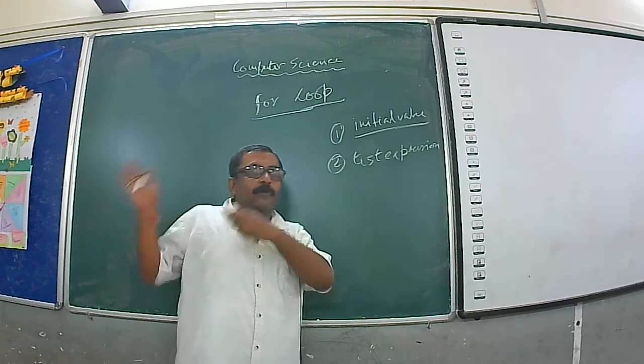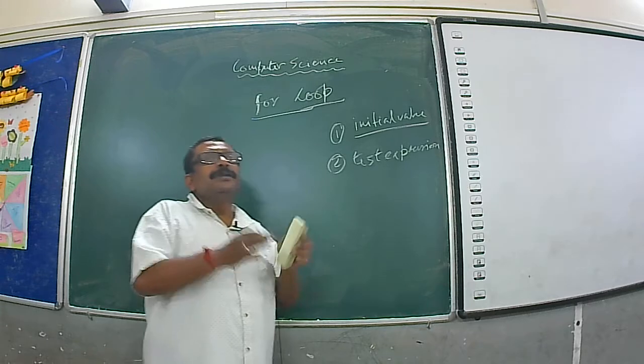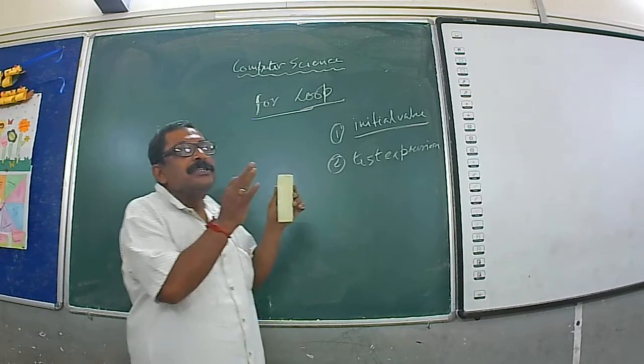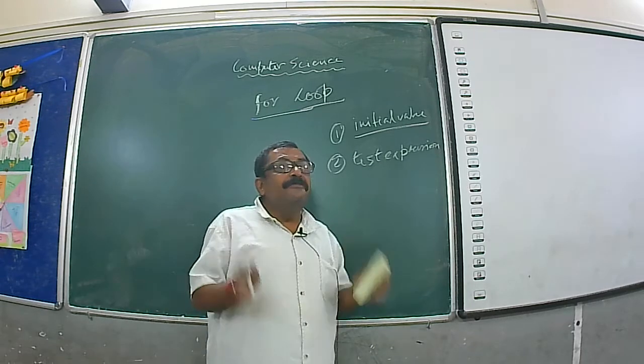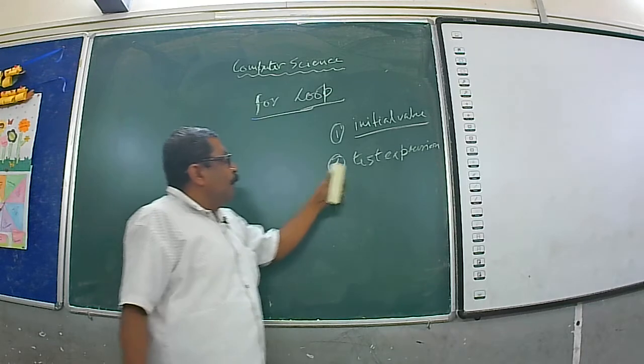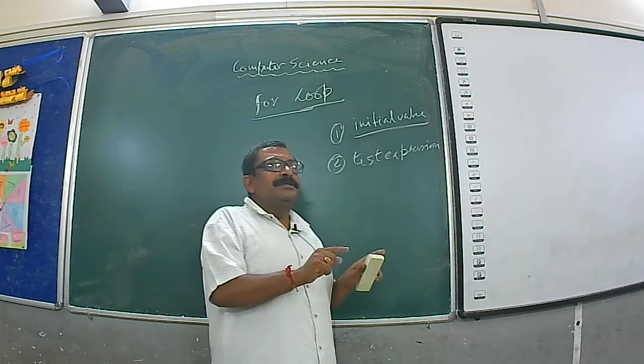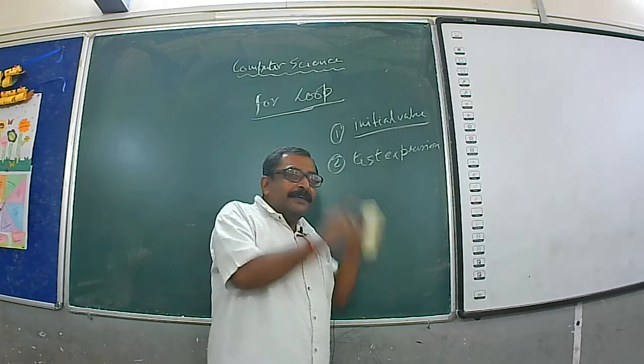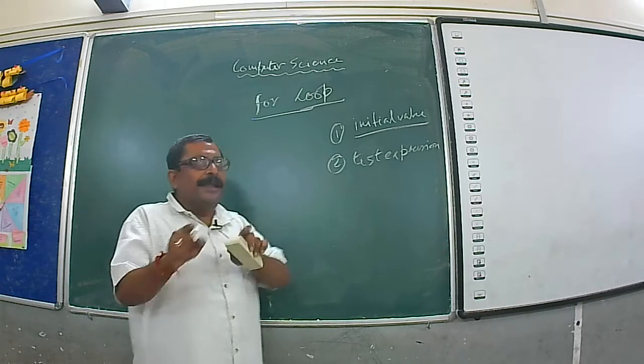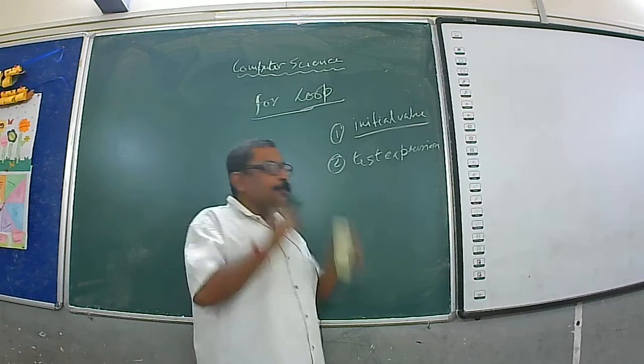So we can go for another classification. Two types of loops are there. One is finite loop, another is infinite loop. Now what is test expressions? Test expression determines the loop is either finite or infinite. I am coming to this point later.